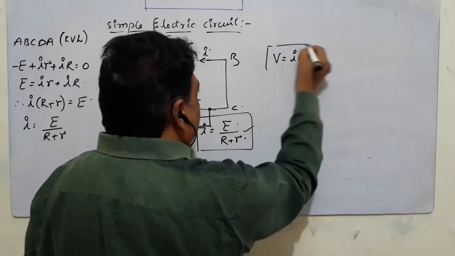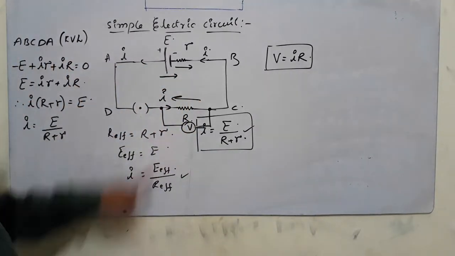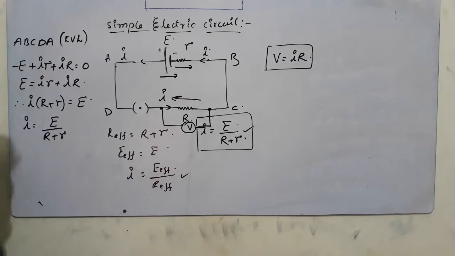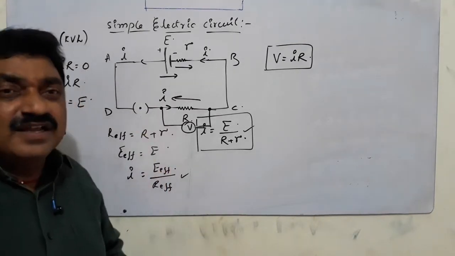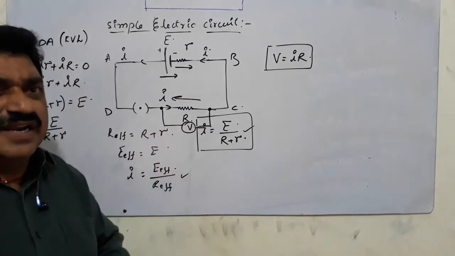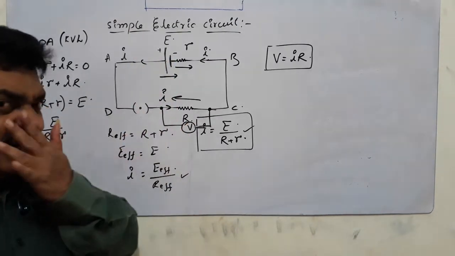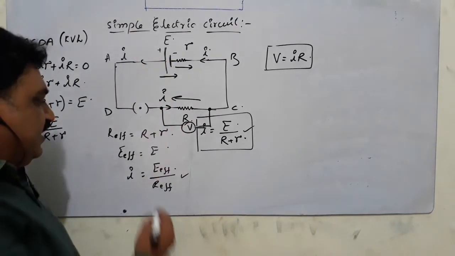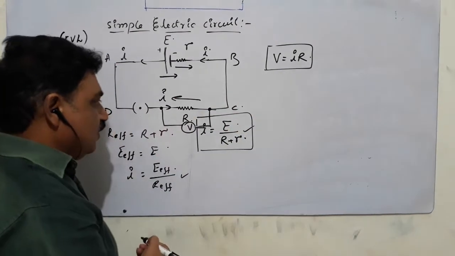This V is equal to IR is called the terminal voltage of this cell. That means if there is any resistor outside the cell, the potential drop across the resistor is called the terminal voltage of that cell. So the terminal voltage V is equal to IR.